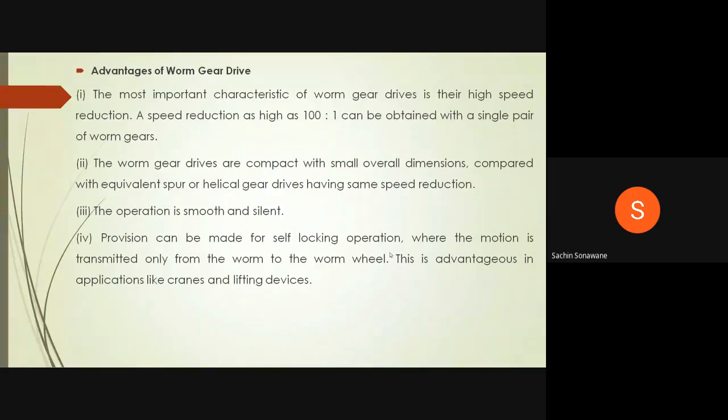The operation is smooth and silent. Provision can be made for self-locking operation where the motion is transmitted only from the worm to the worm wheel. This is advantageous in applications like cranes and lifting devices.